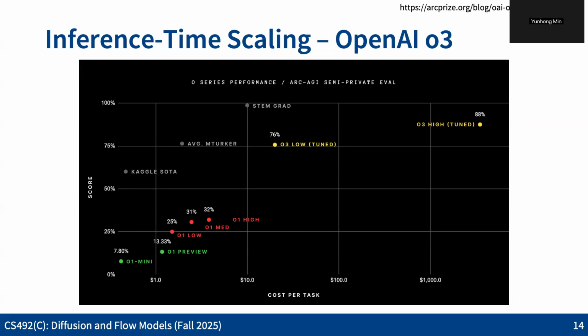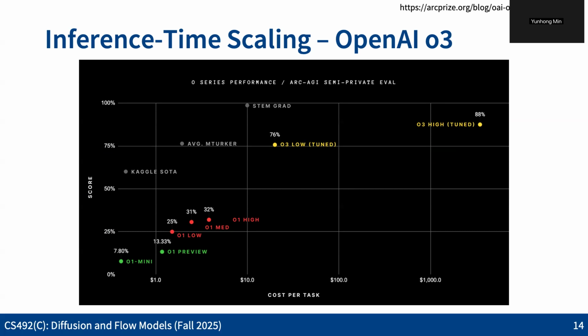The shocking thing at the time, when you saw O1 and especially O3, was that there was a measure of AGI, of how close the performance of an LLM is to human understanding. There was a benchmark for that.